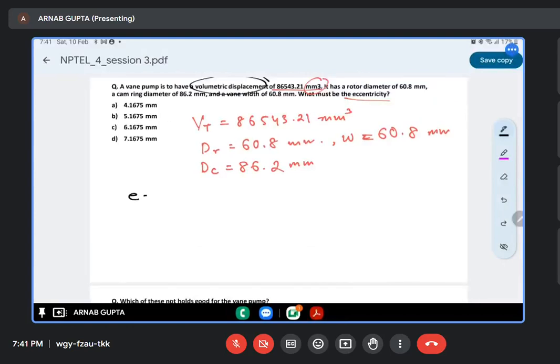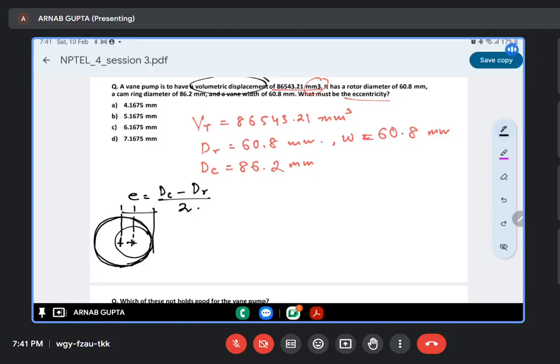So we know that E is nothing but D cam ring minus D rotor, divided by 2. You can derive this particular equation. It's not something very difficult, so I'm just giving you some hints. If these two are the circles, you need to find out this distance, right?